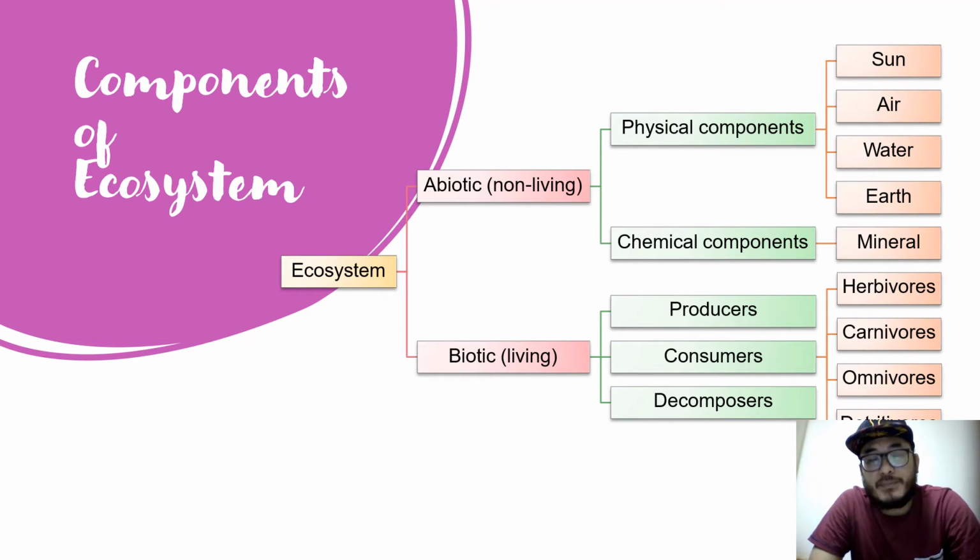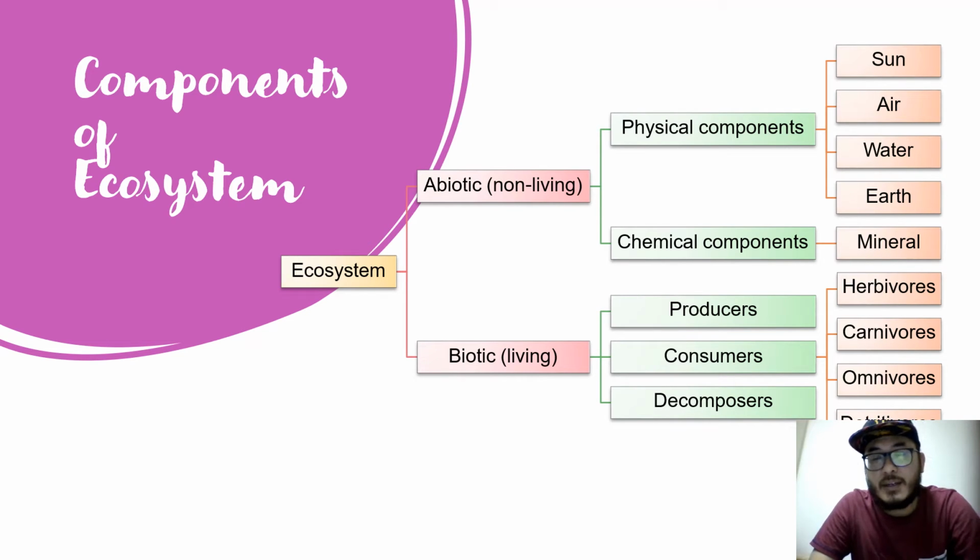Herbivores means animals that only eat plants. Carnivores, the animals that only eat other animals. Omnivores are the animals that eat both plants and other animals. And then detritivores are the decomposers that only eat decomposing materials.